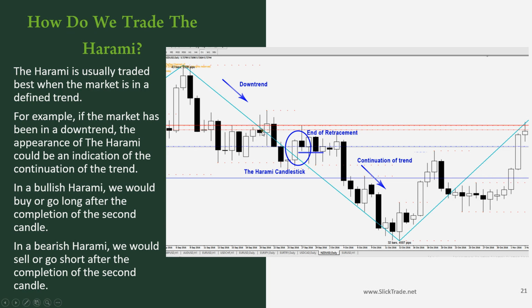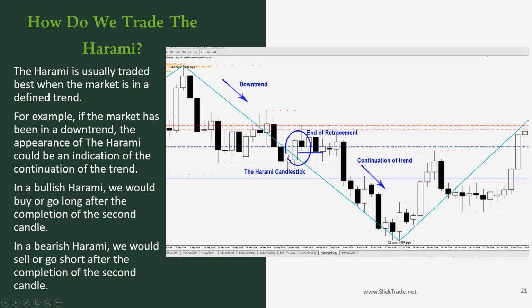That would be the baby or child. This would be the mother. And we are following a downtrend. So technically, this child or baby, its body is within the body of the mother. So just something to think about.